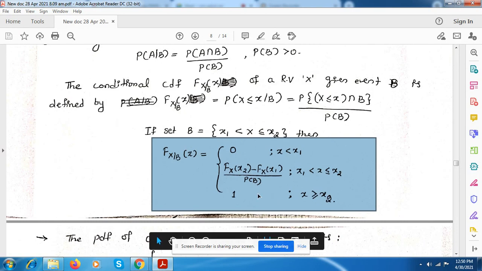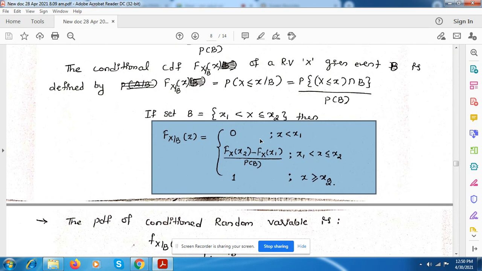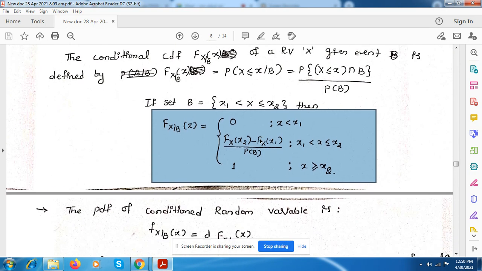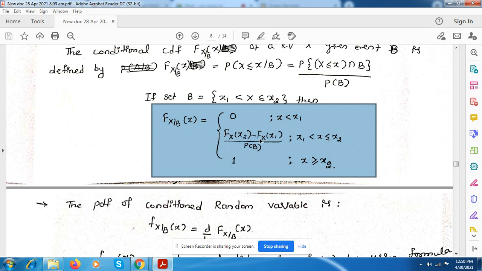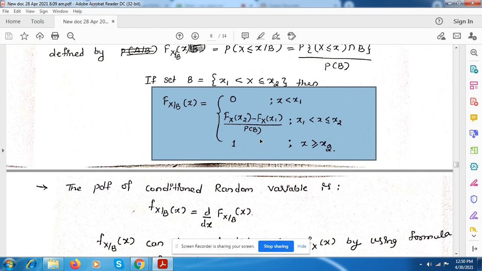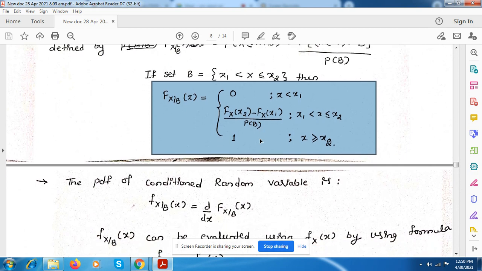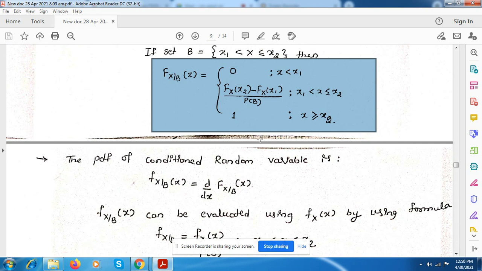So this is the equation for conditioned CDF. Here B is the set of values where x lies between x1 and x2. So next we will see the PDF, that is PDF of the conditioned random variable.